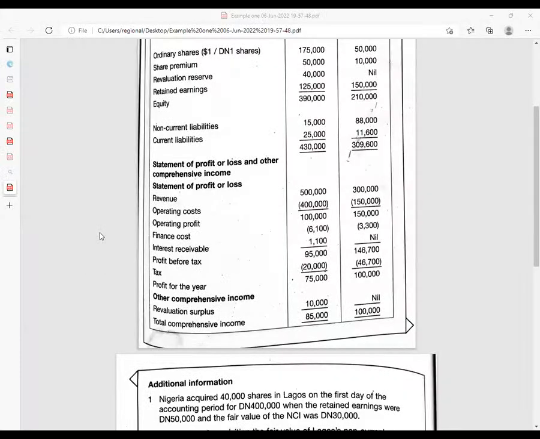So you come and write their revenue, their operating costs, then operating profit. I have finance cost. After that, I have interest receivable.